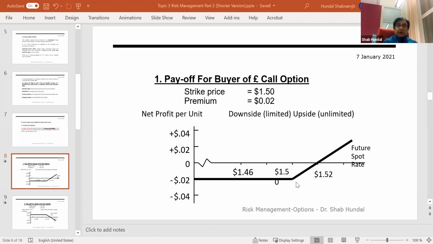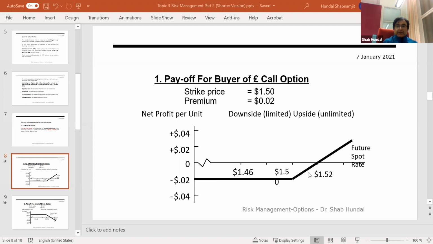So I repeat, look at the cursor. Option is OTM, out of the money. Well, it's not a good situation because you lose the premium. Option is at the money, one point, the corner, the angular point. Well, you exercise or don't exercise, the loss is the same.